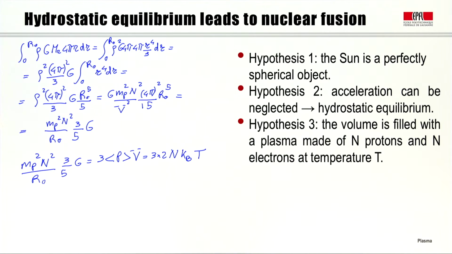Using this equation, we can now find an expression for the average temperature T of the Sun.